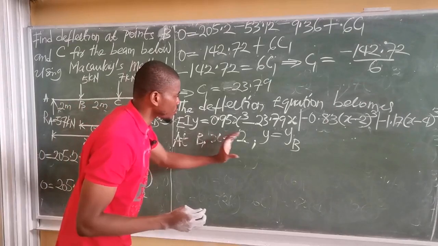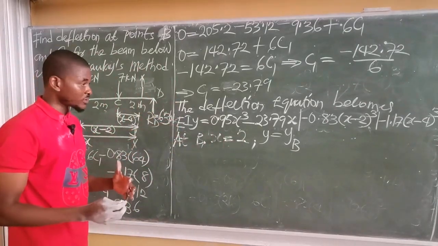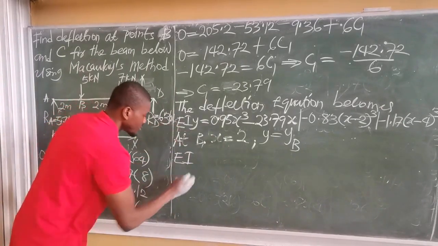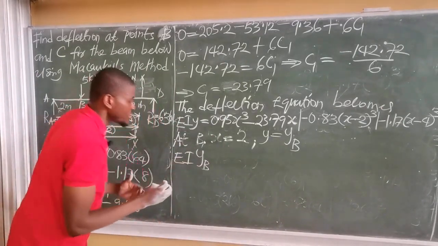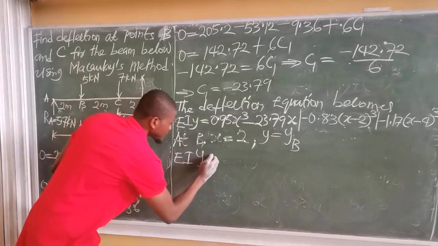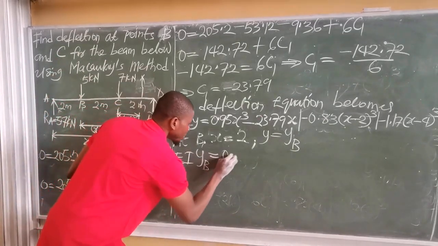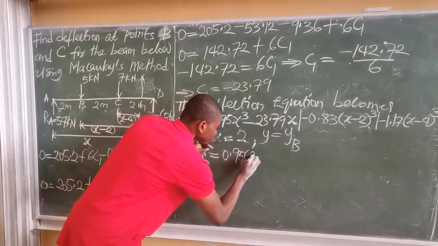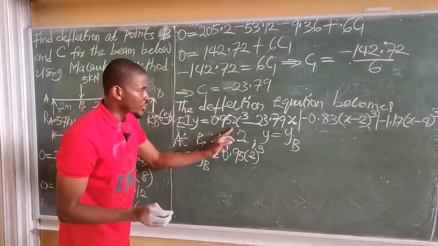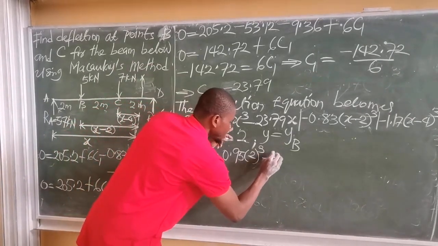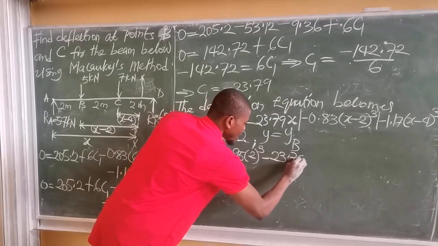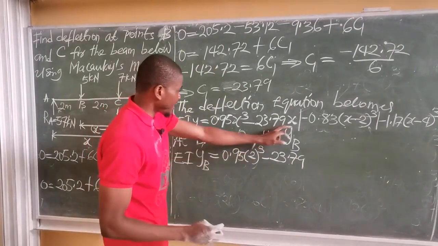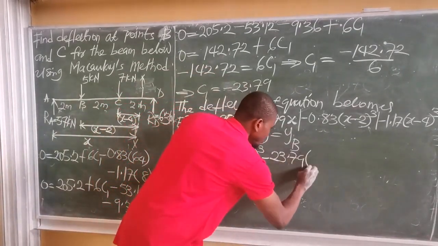So we substitute these boundary conditions into the given deflection equation. We have EI, and in place of y it becomes YB, the deflection at point B. This is equal to 0.95, and in place of x we have 2, so 2 to the power of 3, minus 23.79 times 2.